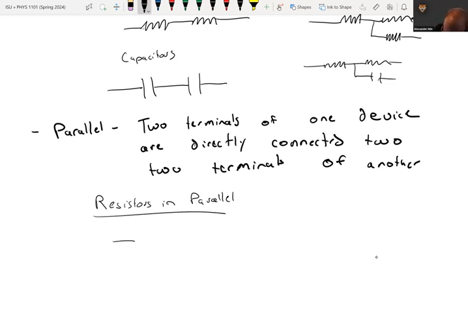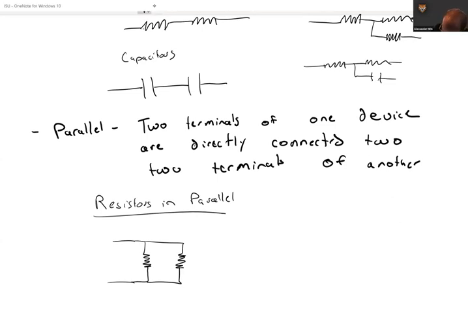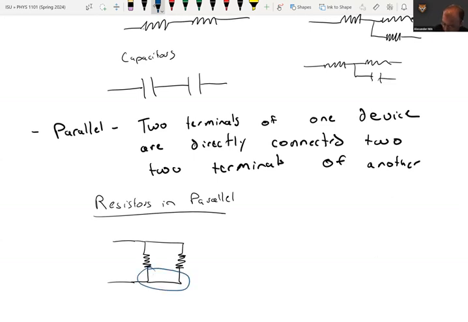And basically what you'd have is you'd have something coming over from the circuit, and then you'd have it go something like this. Okay. And the point here is that basically the bottom two terminals are connected to one another, and the top two terminals are connected to one another. Okay.